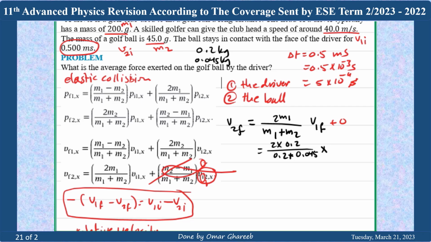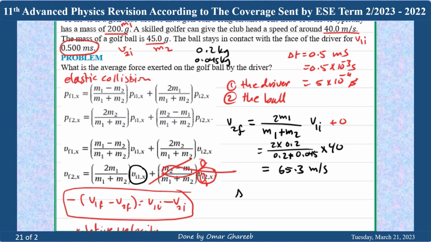This is wrong, it is V1 initial, which is 40. If you make this calculation, you will get 65.3, I think, meters per second.